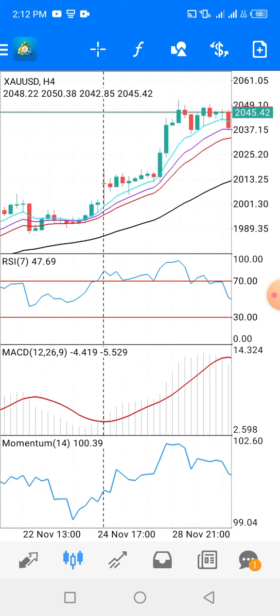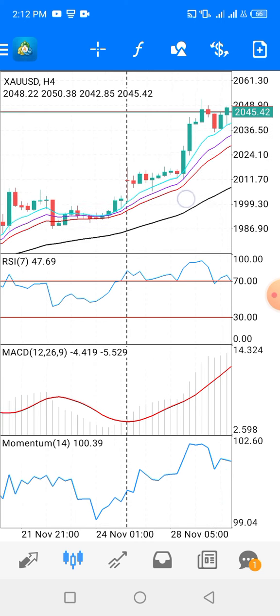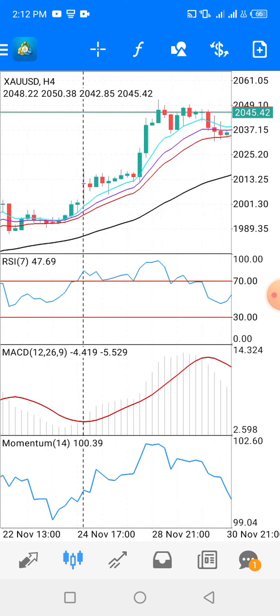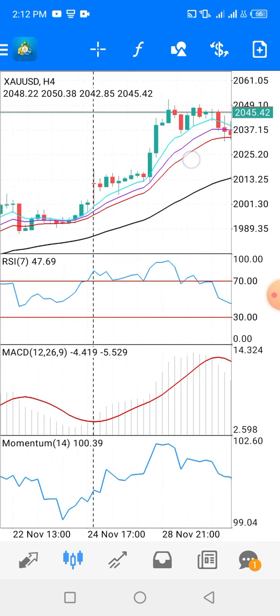What we will need is 4 moving averages. We need the EMA 50, which is the black line over here. Then we also need the EMA 21, which is the red line over here.